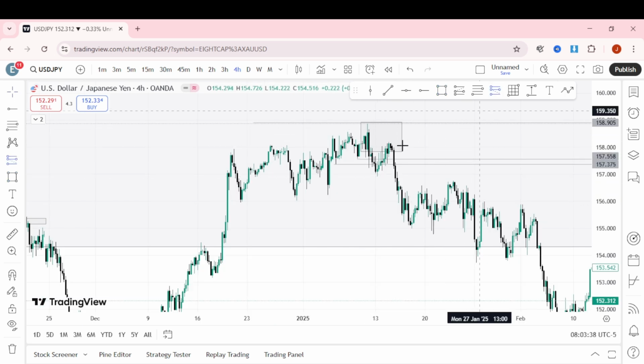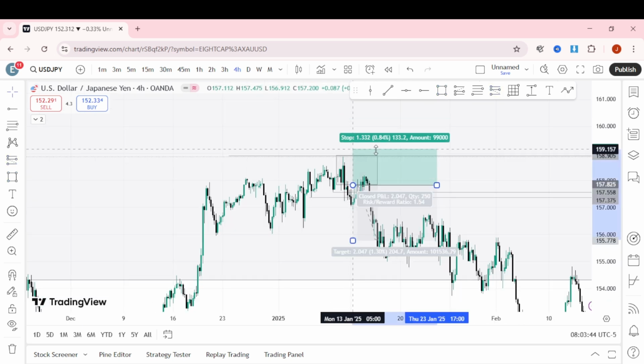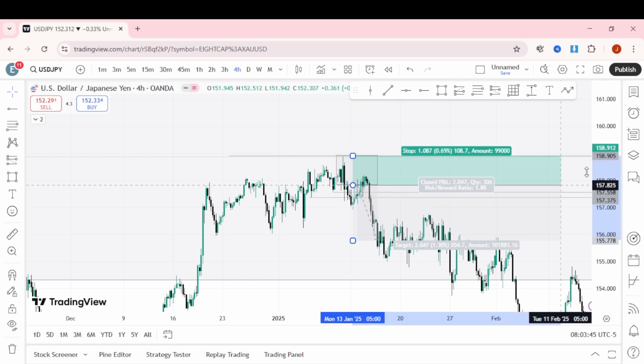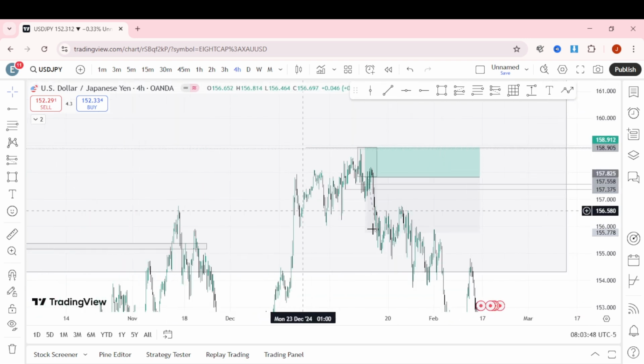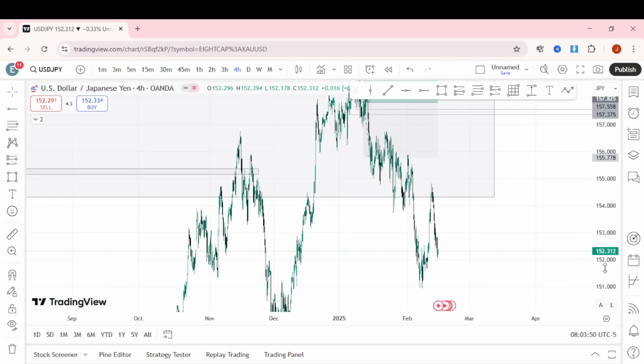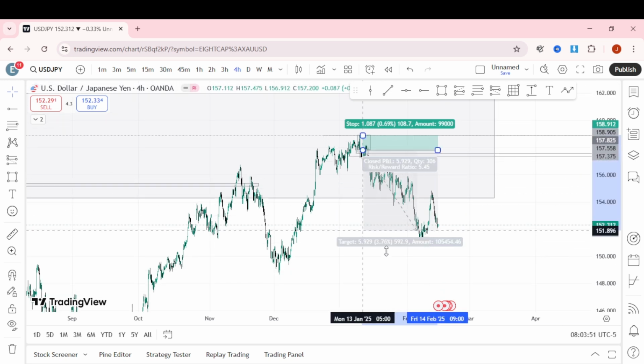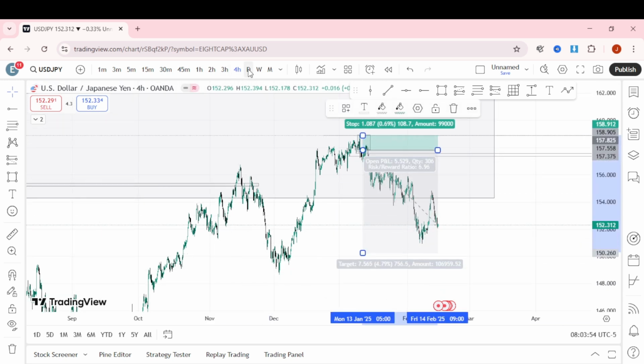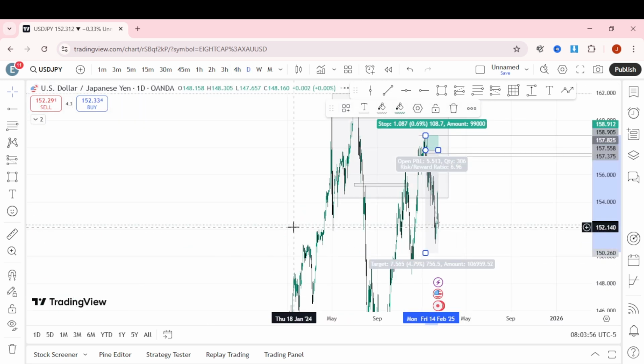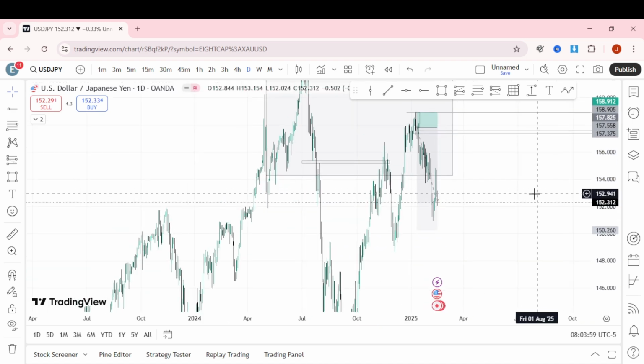So I could just get into this trade and I could just find the next liquidity, right? I think I should go onto the daily time frame to see if I can get liquidity. Okay.